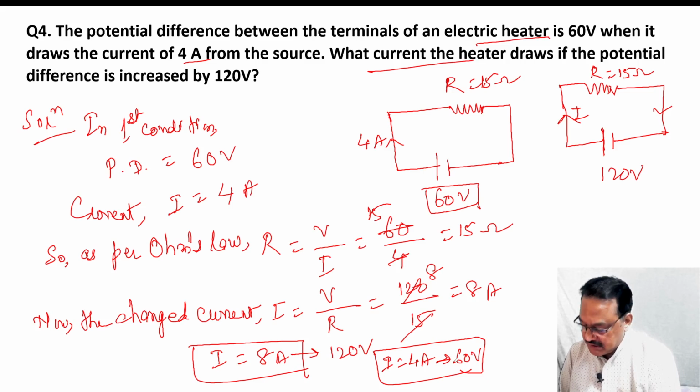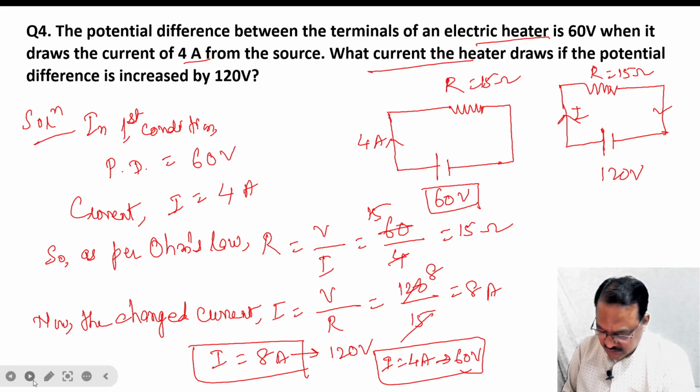In initial condition when the voltage was 60 volt, the current was 4 ampere. Now when the voltage just doubled to 120 volt, the current is also multiplied by 2. It has been doubled from 4 ampere to 8 ampere. Okay, fine. Let us move to next question.